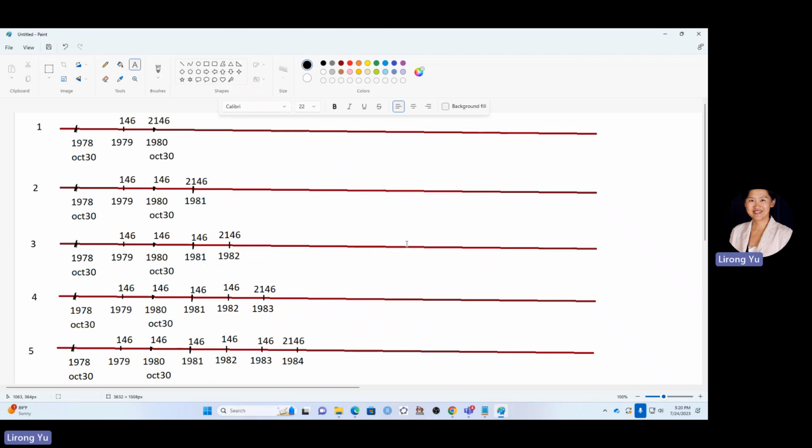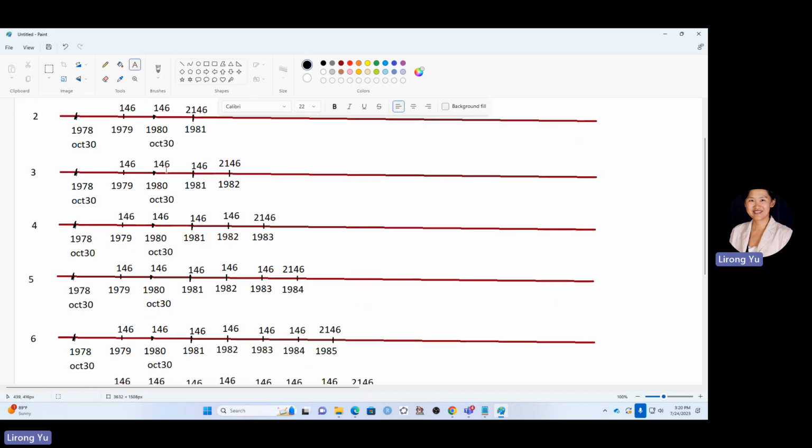So I started looking at all these bonds. For example, the first one expired in 1980 and it has an annual coupon, so the expiration is 2000 plus 146. Then the second one matures in 1981, so you have 146 for the 2 years before and then 2,146 later.